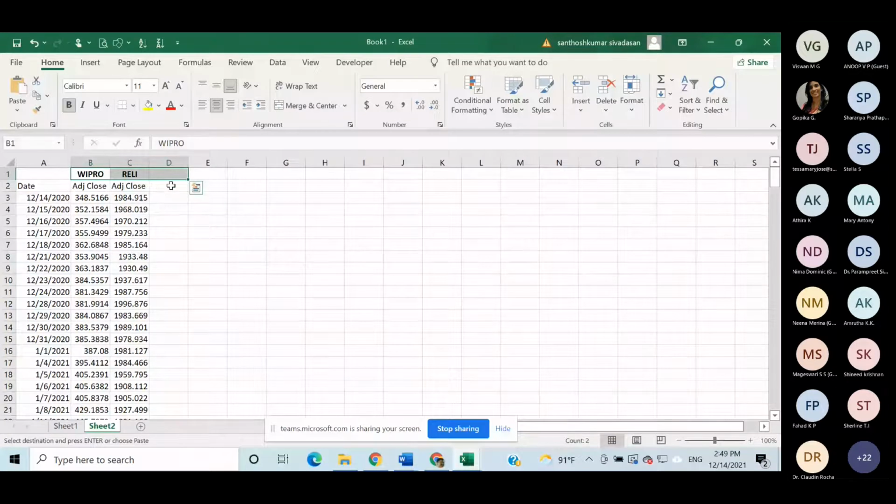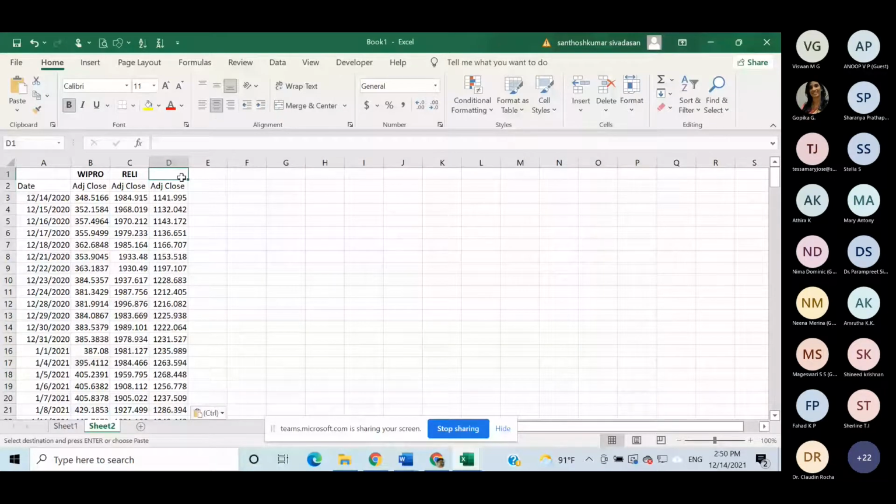Paste here, Control V, it will give you the adjusted closing price of Infosys there. So we have the adjusted closing prices of 3 stocks here, all of you.